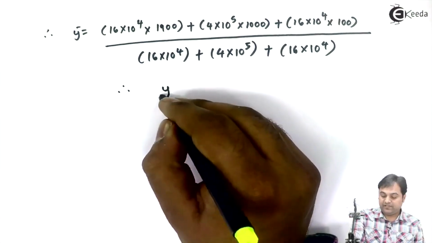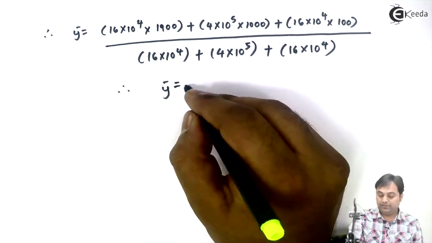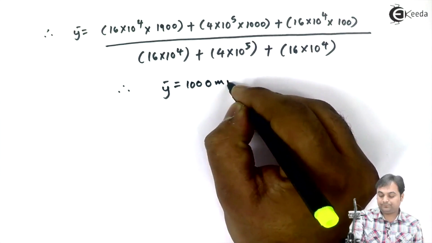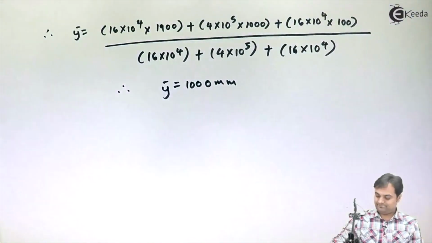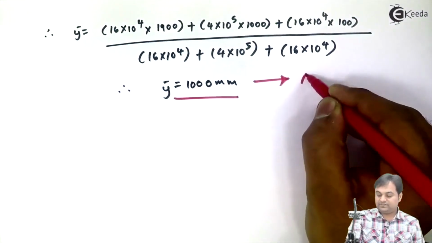So from this, if I calculate, the y bar value comes out to be 1000 mm. This is the second answer.